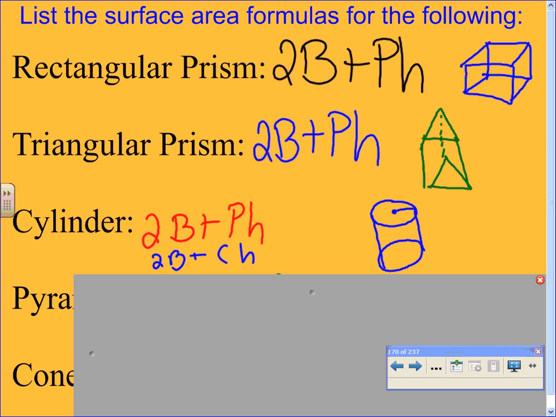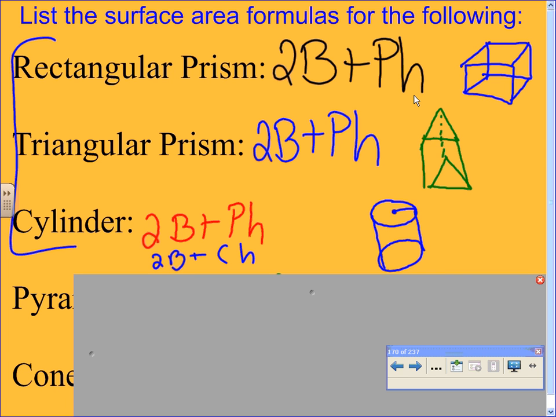Now, the reason I wrote PH is because the three of these can all be chunked together because they're the same. You guys remember this? Okay, so common sense, though, you know a cylinder, the perimeter of a circle is still C. It's the circumference. So either one of those is fine. I just grouped them all together so that it's easier to remember.